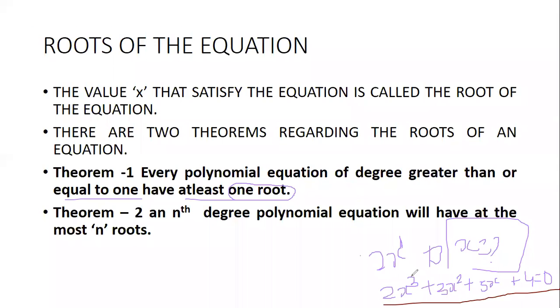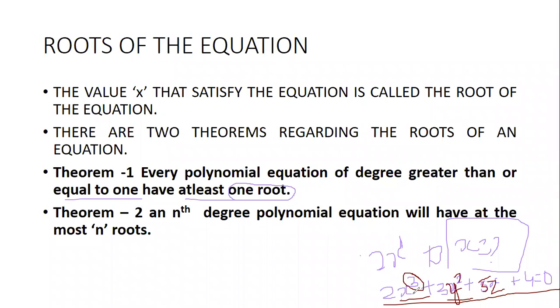Now here the nth degree, let's say the highest degree is 3. Now I will have 3 different roots. Let's say x cube plus 3y square plus 5z plus 4 is equal to 0.